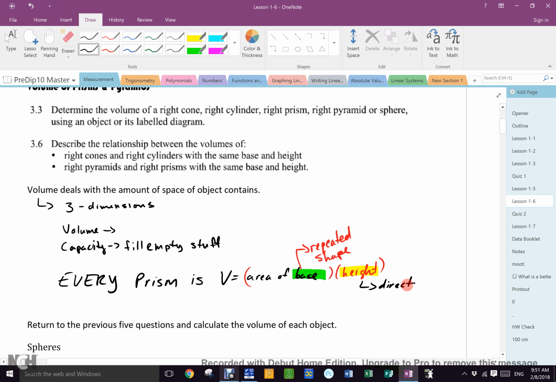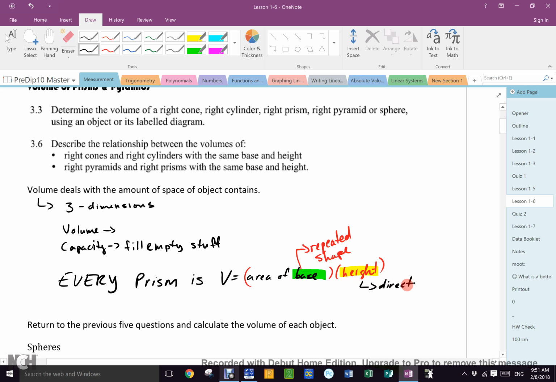So that's the same. But what happens to that shape as it goes through the height? It shrinks, yes? So it is losing area as you go up, isn't it? Through experimentation, mathematicians found out that it loses a third of its volume. Always.